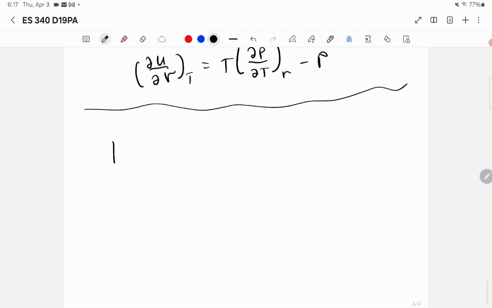And starting from this now, we can actually derive something that we saw before.